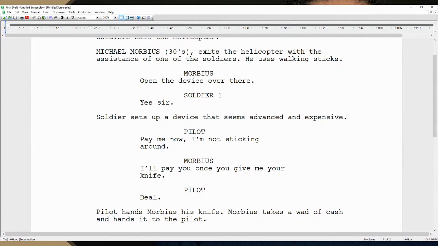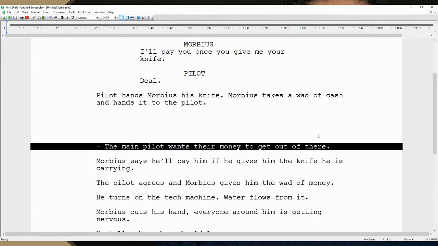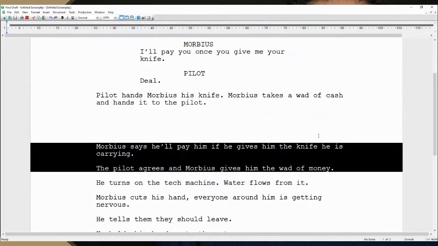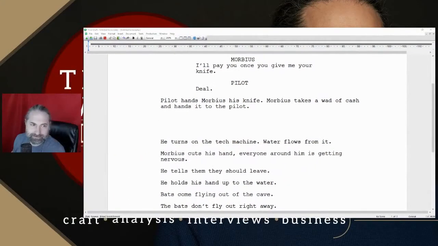Expensive. All right. Pay me now, the pilot says. Okay. The main pilot wants to get out of there. He says he'll be happy to. The pilot gives him over his knife. Okay, but there you go. Anyway, there you go. That's what that would look like.